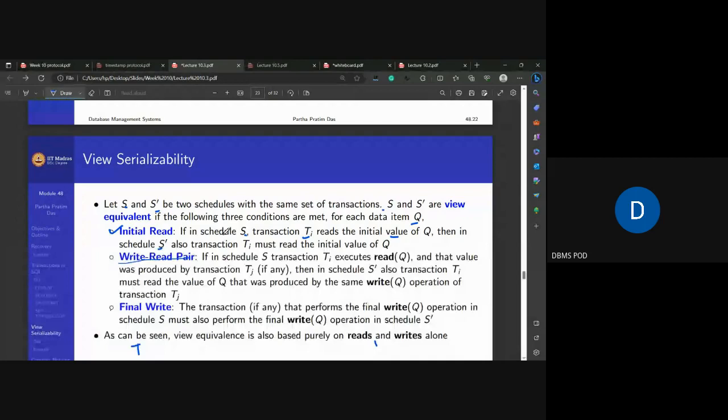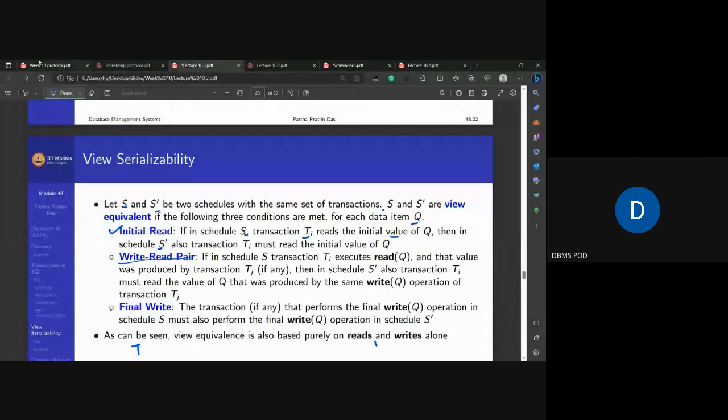But you have to see all the data items, not just one variable. Data items means P, Q, whatever data items there are. Is that clear?